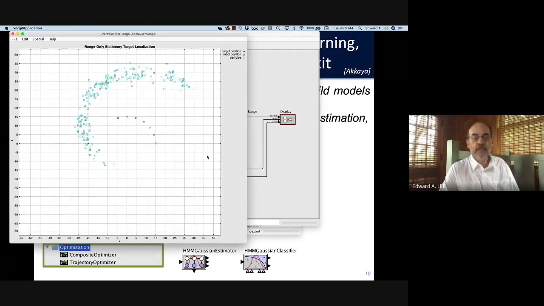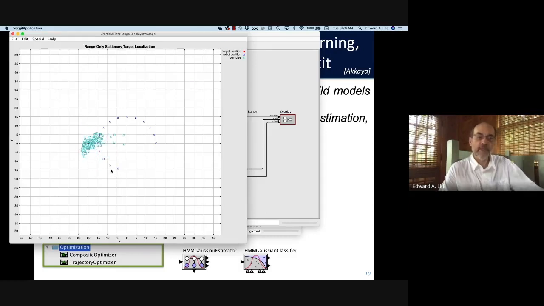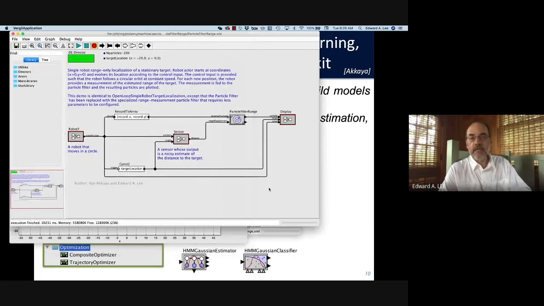This is an application developed by one of my recent PhD students, Ilge Akaya, which shows a robot that is moving in circles using a sensor that can only detect range to identify the source of a stimulus. So it takes into account its motion as well as its sensing data. And it's using particle filtering to do this.